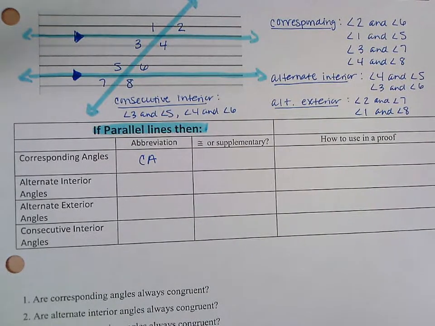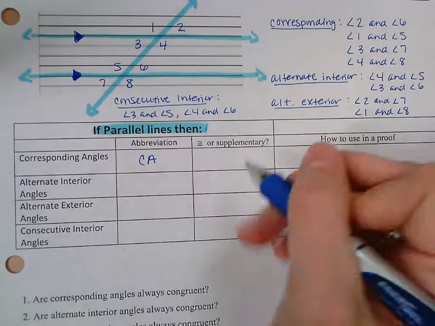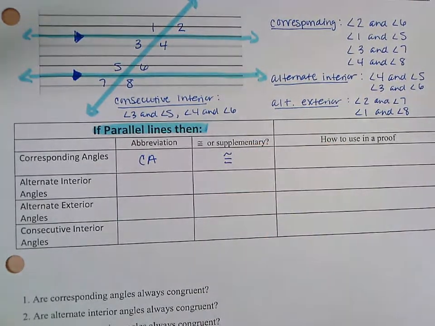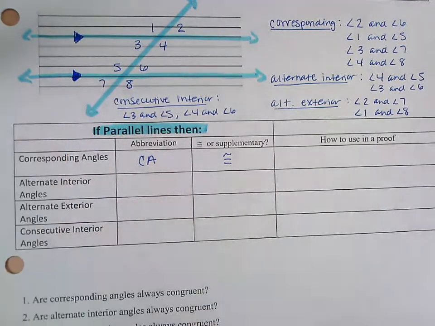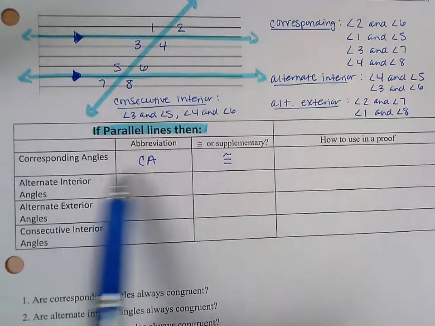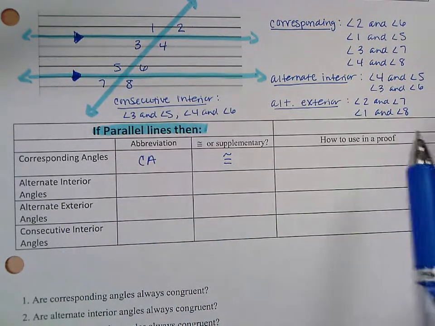If lines are parallel, corresponding angles are always congruent. So according to this picture, angle 2 and angle 6 are congruent, angle 1 and angle 5 are congruent, 3 and 7 are congruent, 4 and 8 are congruent. So if the lines are parallel, corresponding angles are always congruent.